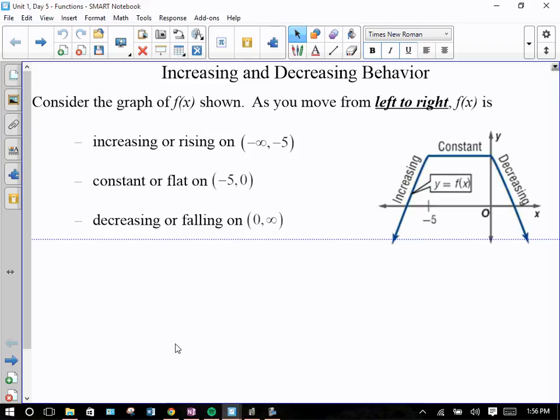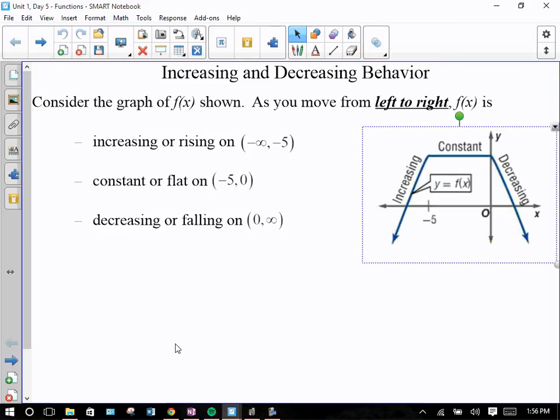Increasing on the interval negative infinity to negative 5. The arrow right here is saying it's going down all the way to negative infinity. So if you're walking on this graph from left to right, you'd be walking uphill.